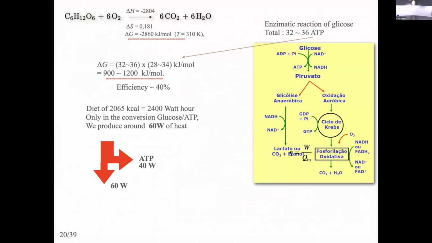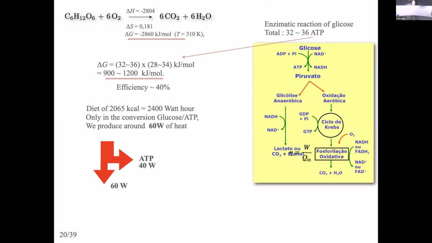So if you do a small calculation, if you get the energy of ATP and multiply by that amount, we see that from 1 mole of glucose, we get around 1,200 kilojoules per mole of energy. And up here, we have 2,800.